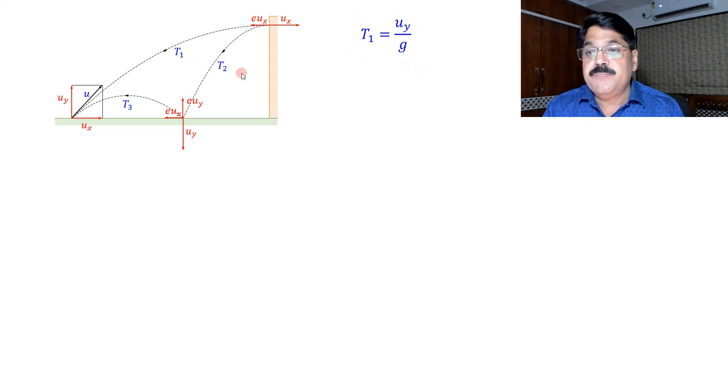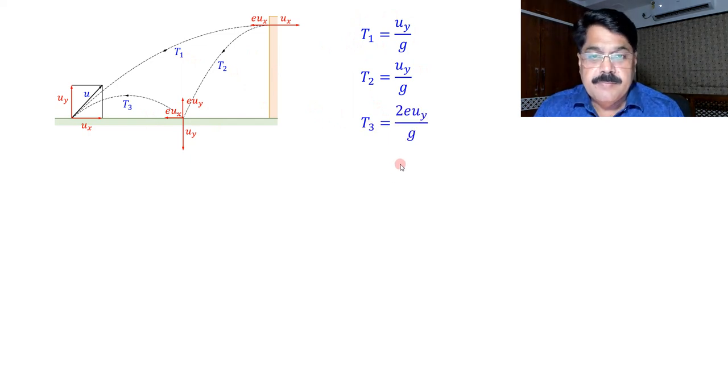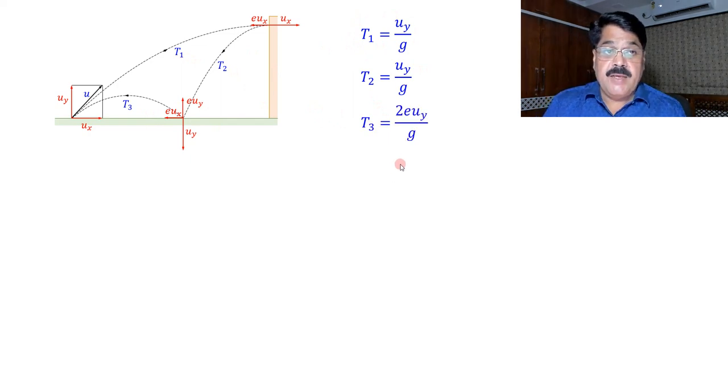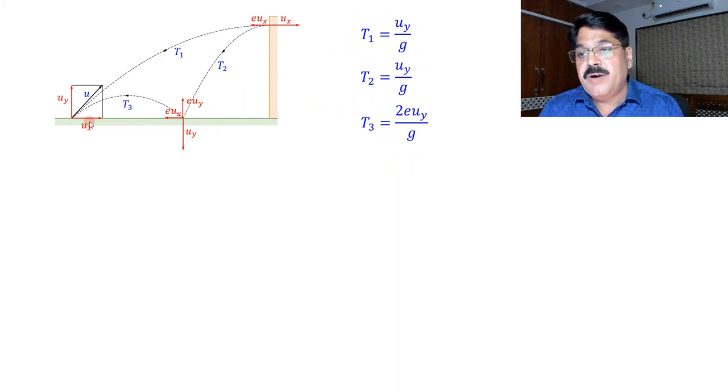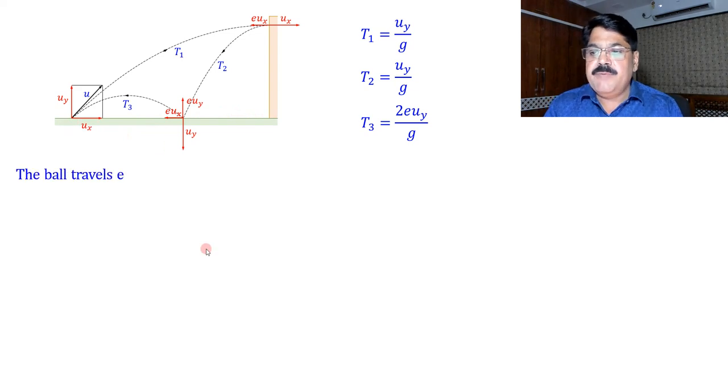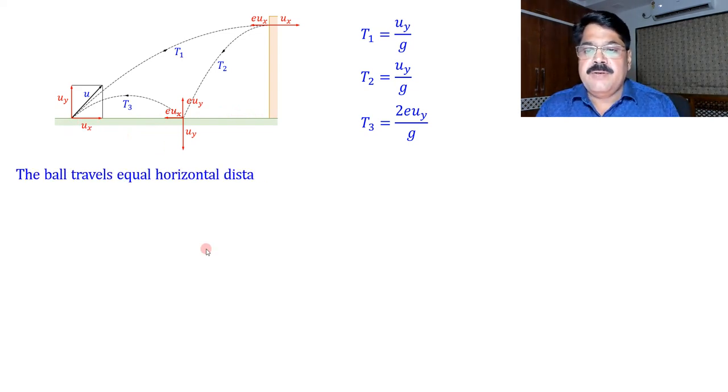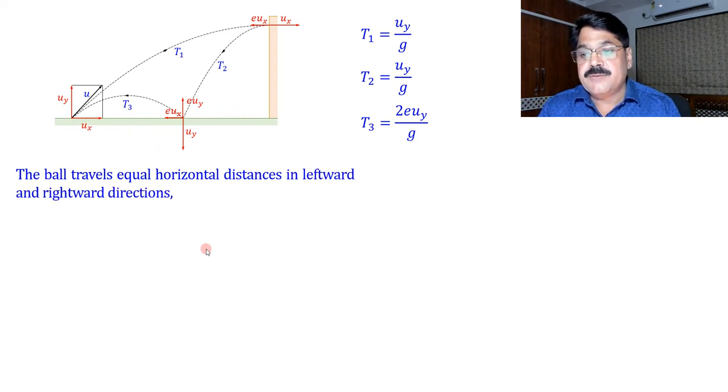T1 is uy by g, T2 is also uy by g, and T3 is 2euy by g. And the idea I just explained is that the rightward horizontal displacement of the ball is equal to the leftward horizontal displacement. That is apparent here. The ball travels equal horizontal distance in the leftward and rightward directions.